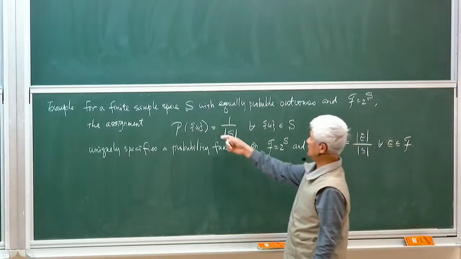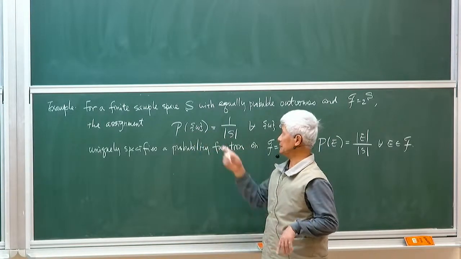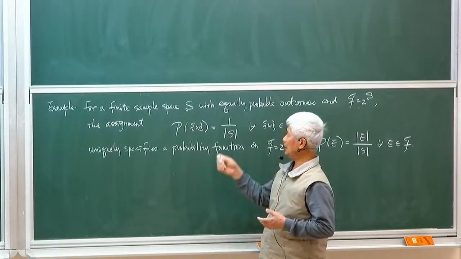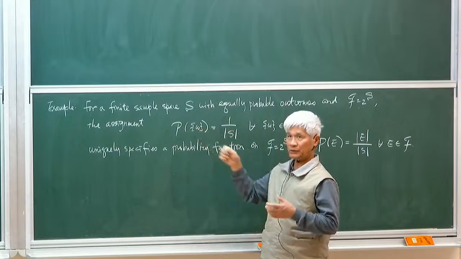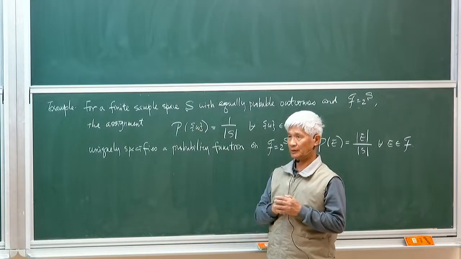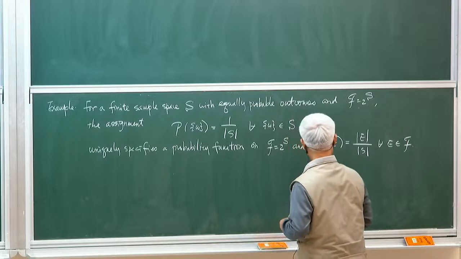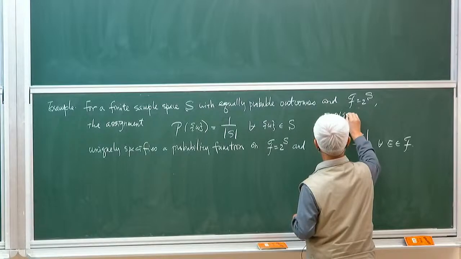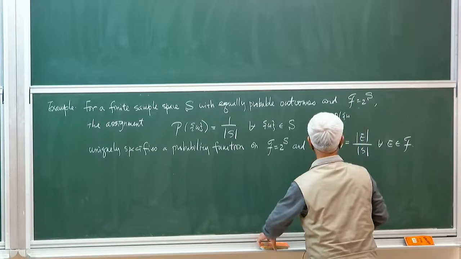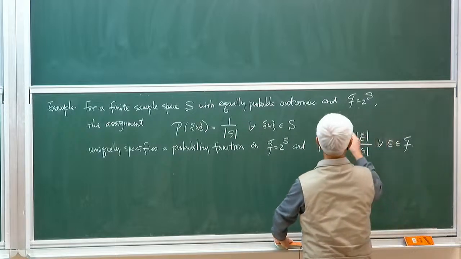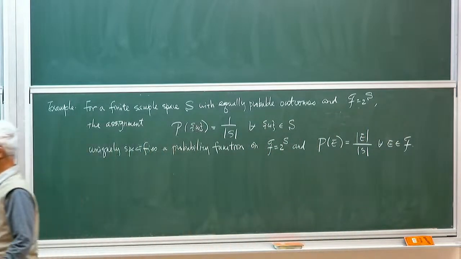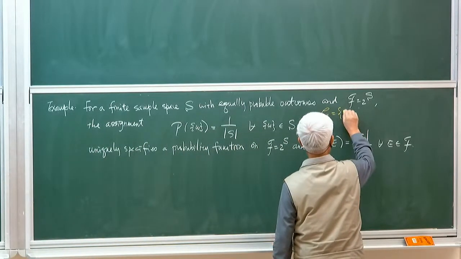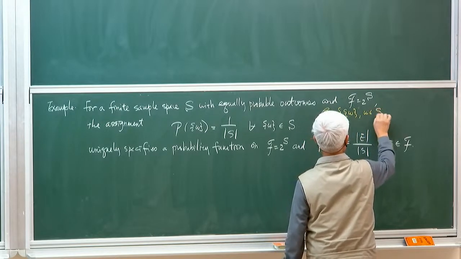Even though we assign the probability to each singleton, because in this case atomic events are just singletons, we assign equal probability to each singleton, and you can check that the summation equals 1.